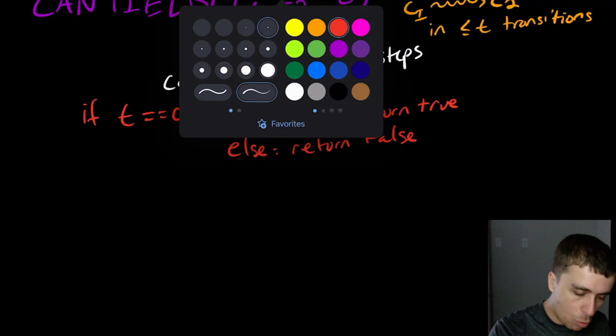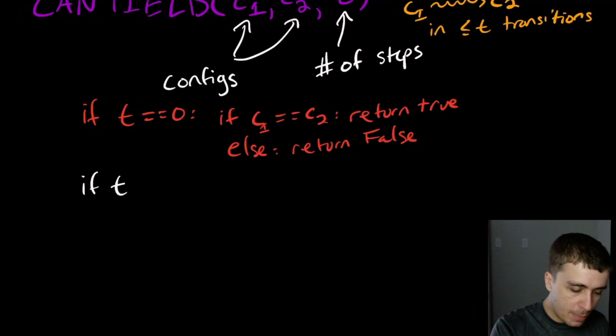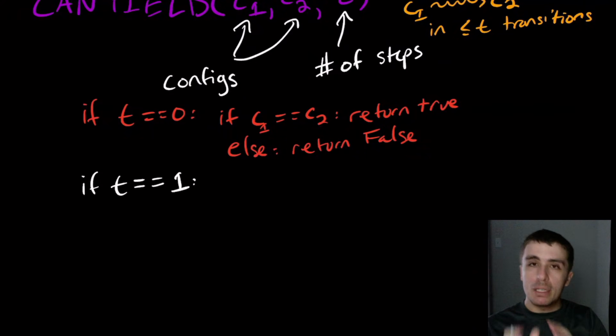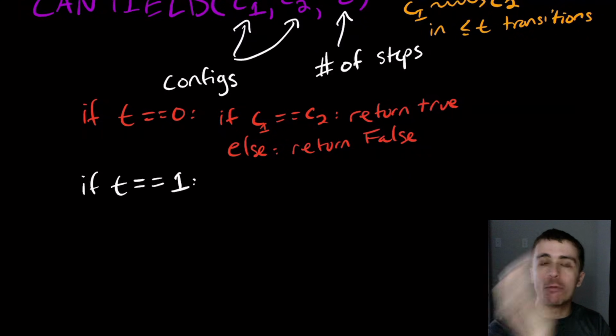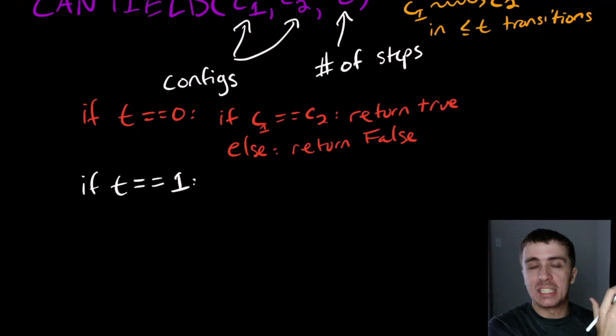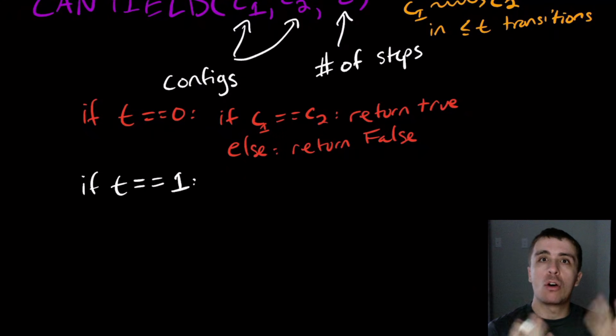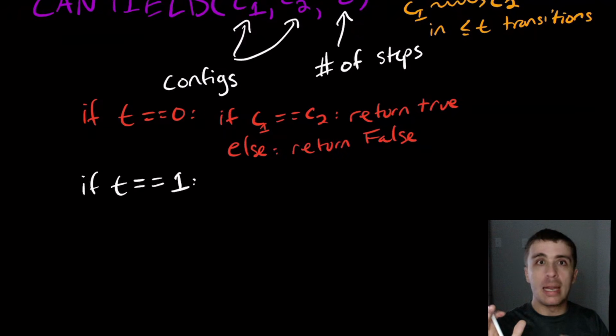And now what do we do if T is 1? Then that means that we need to apply a single transition from C1 and hopefully get C2. Note that there could be a whole bunch of possibilities here because we could have some non-deterministic choices that we can make.